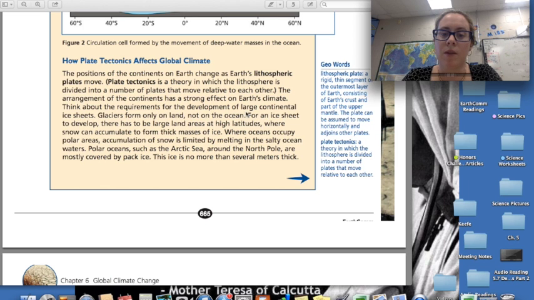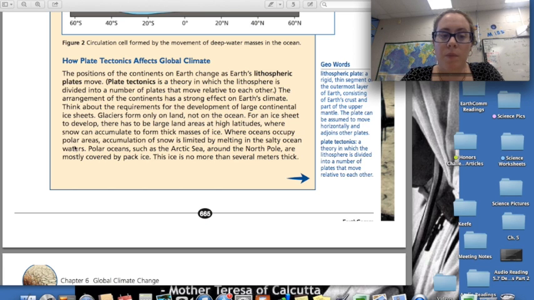Think about the requirements for the development of large continental ice sheets. Glaciers form only on land, not on the ocean. For an ice sheet to develop, there has to be a large land area at high latitudes, so up near the poles, where snow can accumulate to form thick masses of ice.